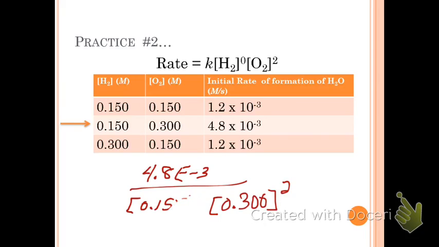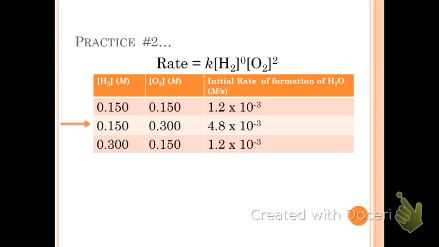I'm not going to waste my time on this because it's the same as saying 1 times this. Okay? When I clear my calculator, I'll put in 4.8 e to the negative 3 divided by, in parentheses, 0.300, caret key 2, close parentheses. And that is what is going to get me the same answer, or should get you the same answer as 5.3 e to the negative 2 for K.